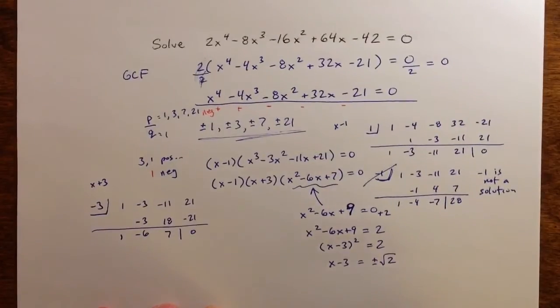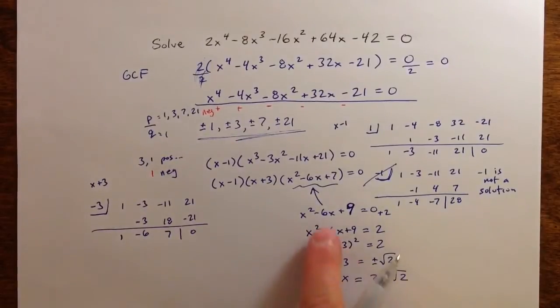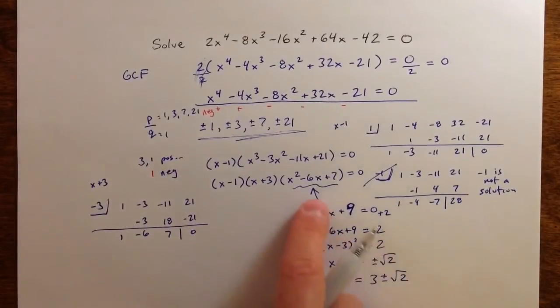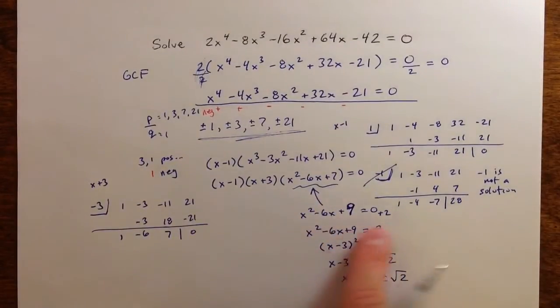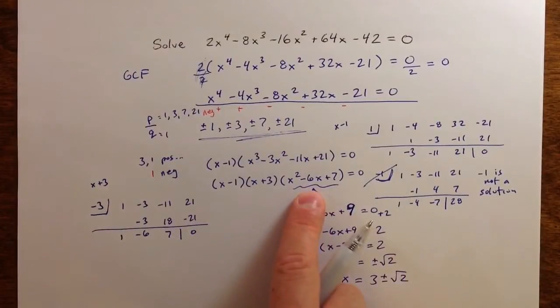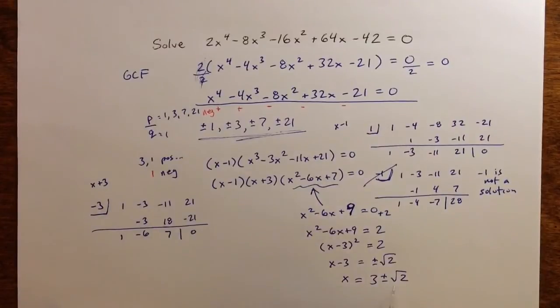And the final two solutions would be x equals positive 3, adding 3 to the other side, plus or minus the square root of 2. If you don't like completing the square, I don't know why you wouldn't, but if you don't, you could use the quadratic formula. Since it doesn't factor, that would be another option.